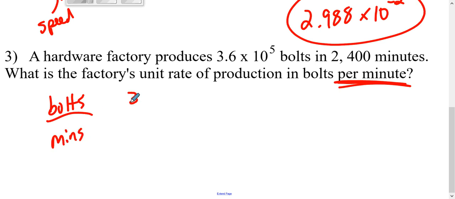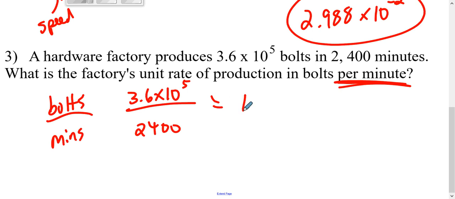So 3.6 times 10 to the fifth power divided by 2,400. Now, if you were doing this by hand, you would have to rewrite 2,400 in scientific notation to make it easier. But since you have a calculator, you don't really need to do that. You can just put in 2,400, and you'll get 1.5 times 10 to the second power.